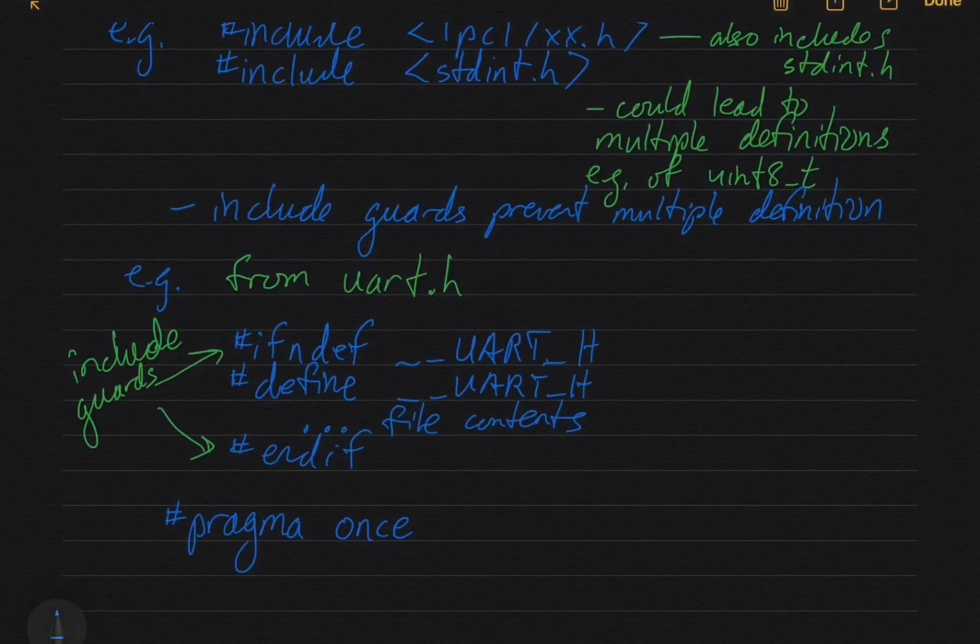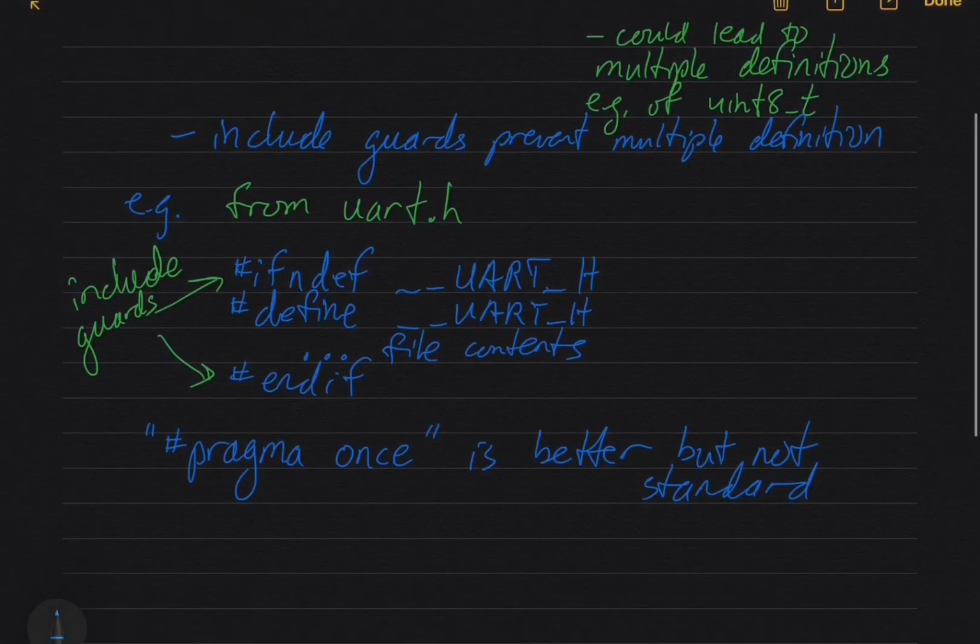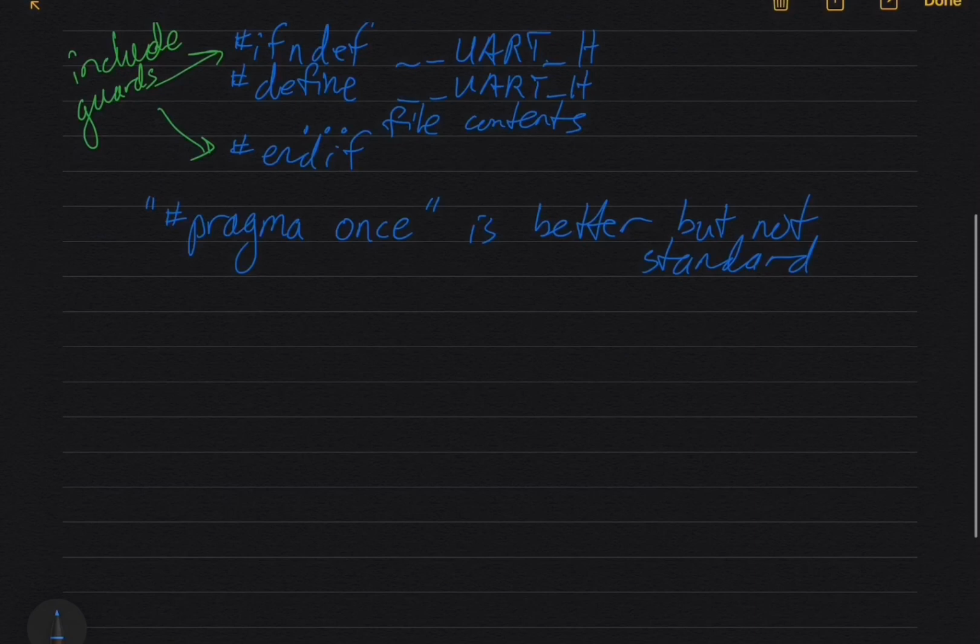But anyway, #pragma once is better because you only put that at the top of your header file, and you don't need the rest of that. You don't need the definition and the #endif at the end. I think it's cleaner, but it is not standard. So some compilers will know about it and others won't. I think GCC and Clang will know about it. I'm not sure if the ARM compiler does.